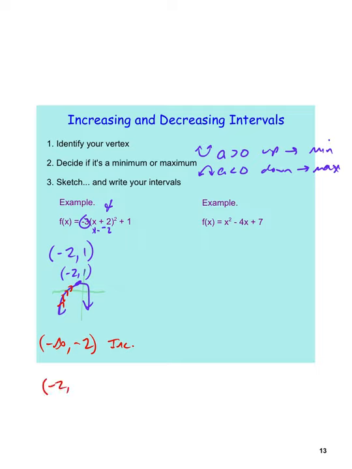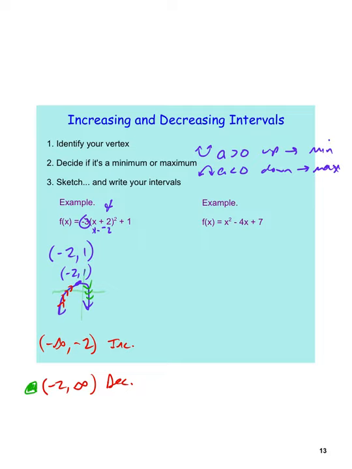So from -2 to infinity, we will be decreasing. And as we look at this, that would be this space here, the green arrows, as we continue to go down. Looking at the second one, here we would need to find that vertex first again.